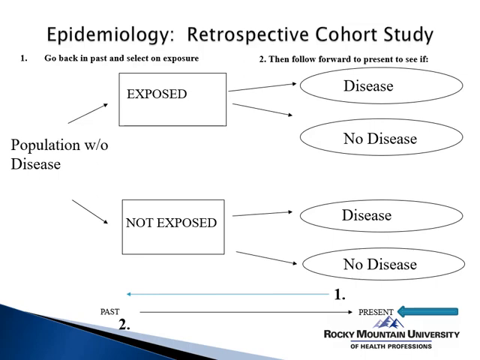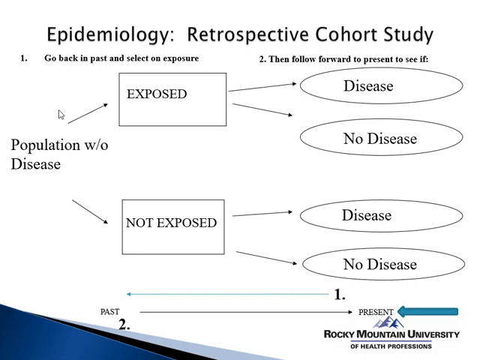Well, what does a retrospective cohort study look like? Well, basically, it's like this. You are in the present. You don't know yet what groups these are in. You just know that in the present, some of the people that you're working with have the disease or injury and others do not. You go back in time.